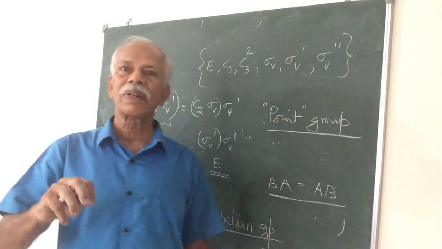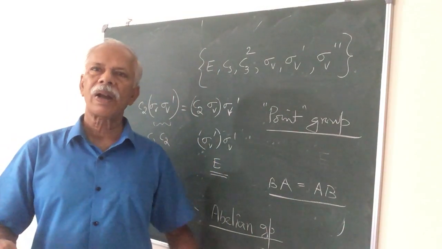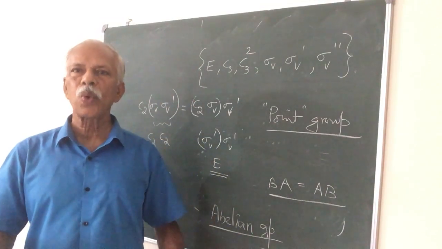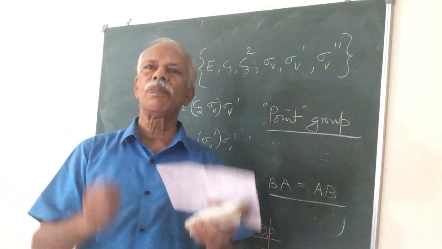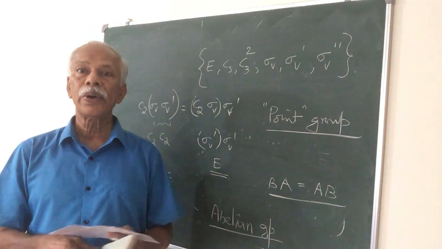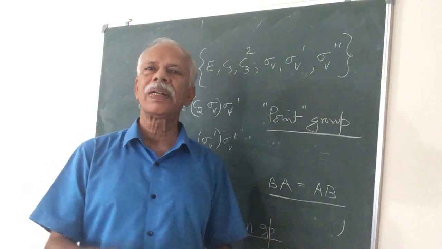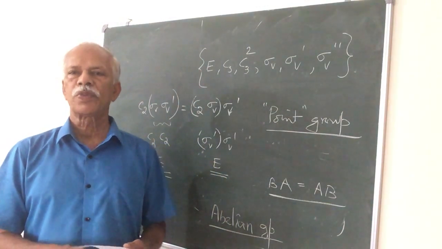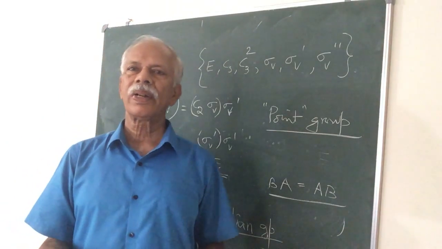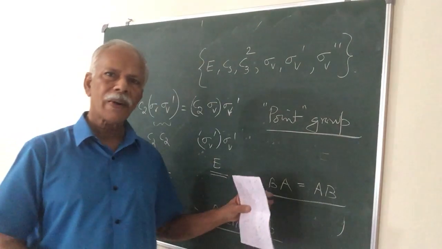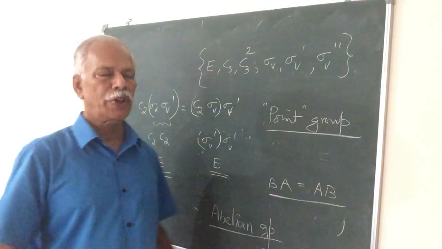Such a movement is called a translation. There are operations like glide plane and screw axis where translational motion is involved. So all the points in the molecule during the translation will be getting shifted. Therefore, the crystallographic groups are called not point groups but space groups. But molecular symmetry groups are called point groups.